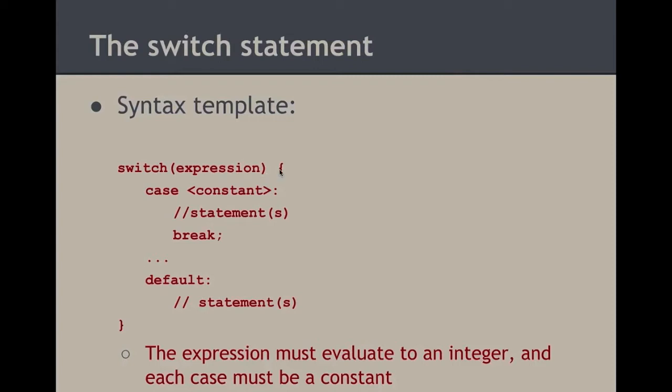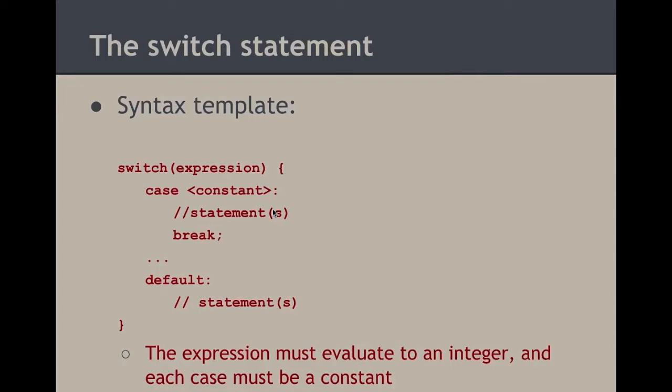So the expression can't be a float or a double. Then inside a pair of curly brackets, which we do have to have, by the way, you have a series of cases. It'll be a case keyword followed by some integer constant. So it can't be a variable, it has to be a constant. Then a colon, and underneath that you'll have the statements associated with that particular case.